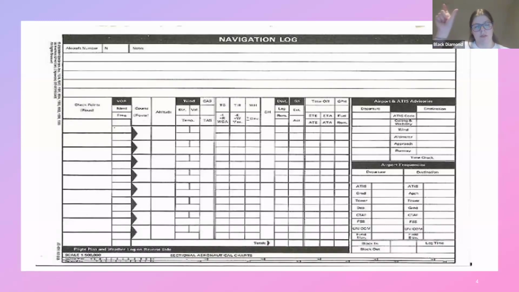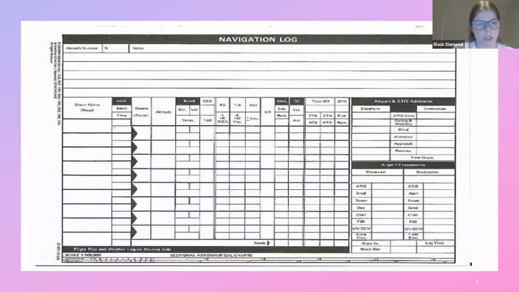You're going to have all on the left-hand side your checkpoints, or your fixes or waypoints, as some people call them. Then on the side of it, you'll have a place to put the VOR ident and the frequency with it. You'll have your course.